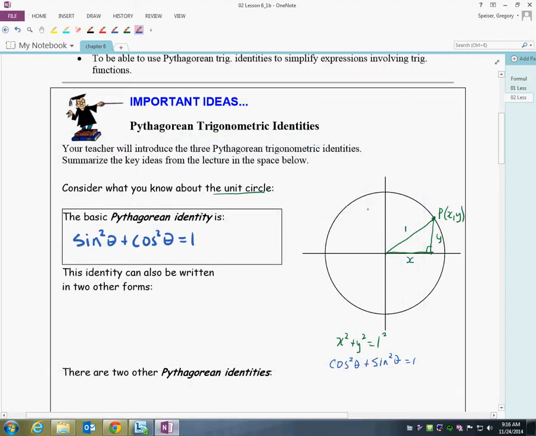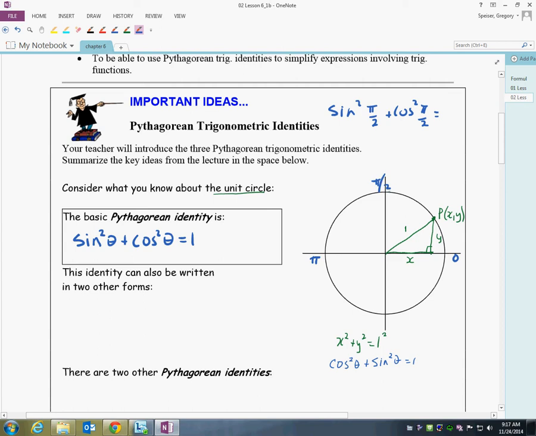So if we wanted to try this out for a value, what you could do is you could say, oh, let's pick a value for theta, and let's say you did sine squared, and you picked a value of theta of, I don't know, like say pi over 2, plus cos squared of pi over 2, and you found out what it was equal to. So here's 0, right? Here's pi, here's pi over 2.